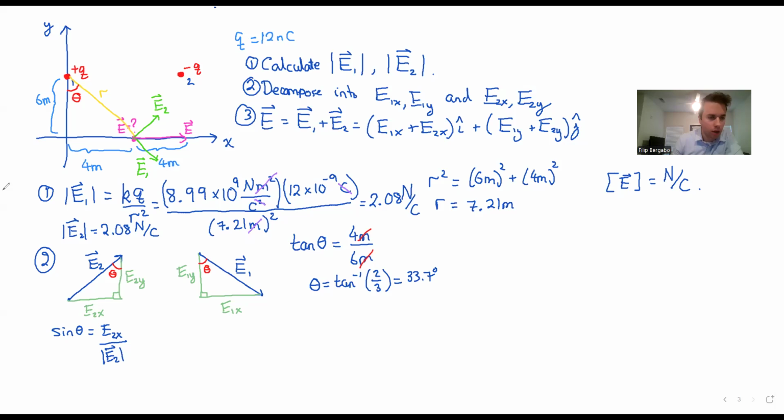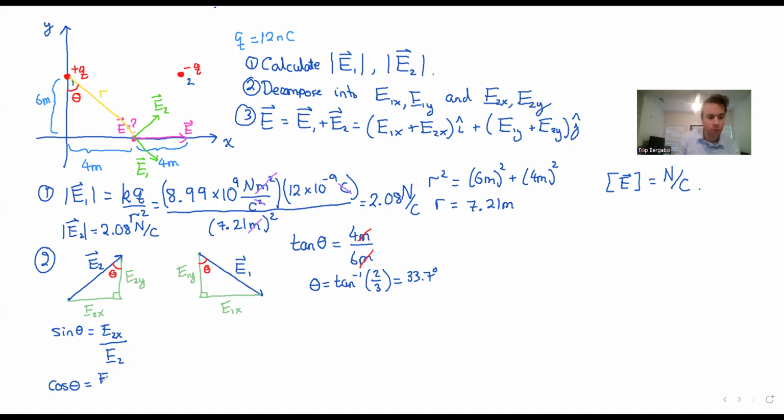Let me actually be a little bit lazy with my notation here and remove the absolute value signs. It's common that when we sometimes take the magnitude of something, we just write it without the vector symbol. So here I have E2x over E2. If I do the same with cosine, what I'm going to get now is adjacent over hypotenuse.